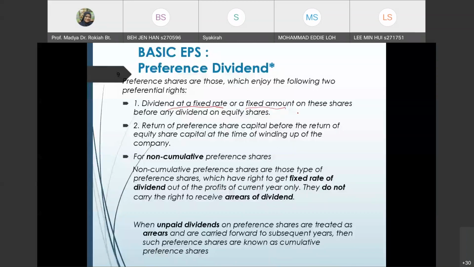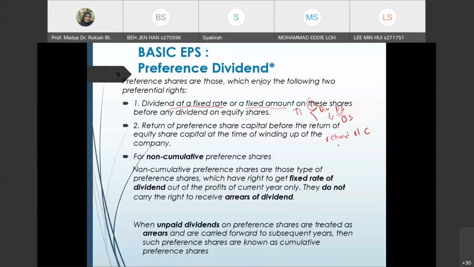So preference shares have priority to receive a dividend. Another priority is the refund of capital in the case of liquidation or winding up. Preference shares receive the refund of capital first, and if there is a balance, it goes to the ordinary shares.